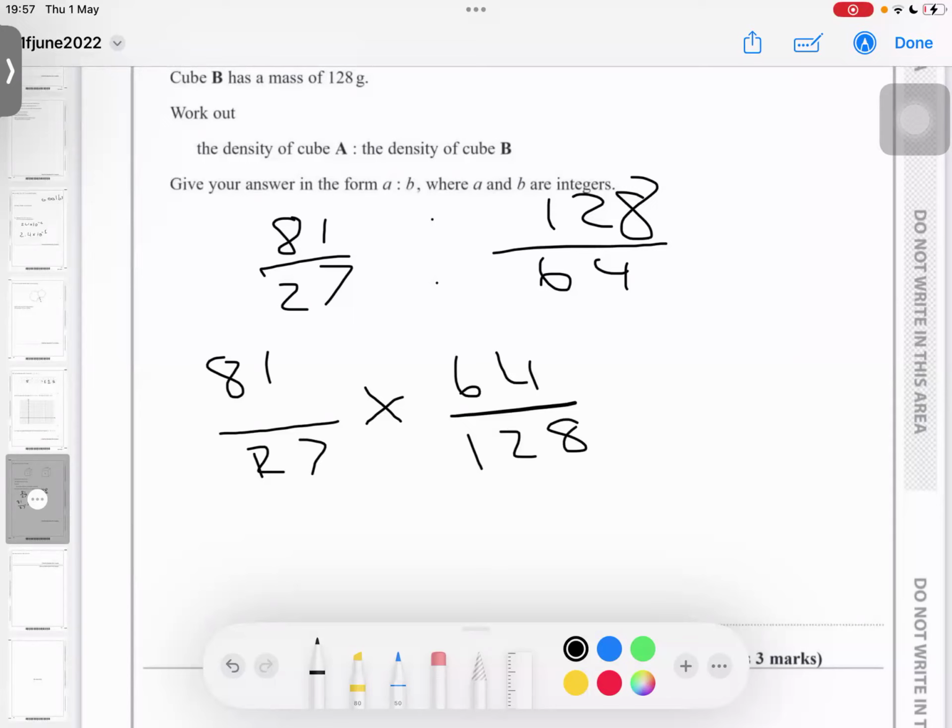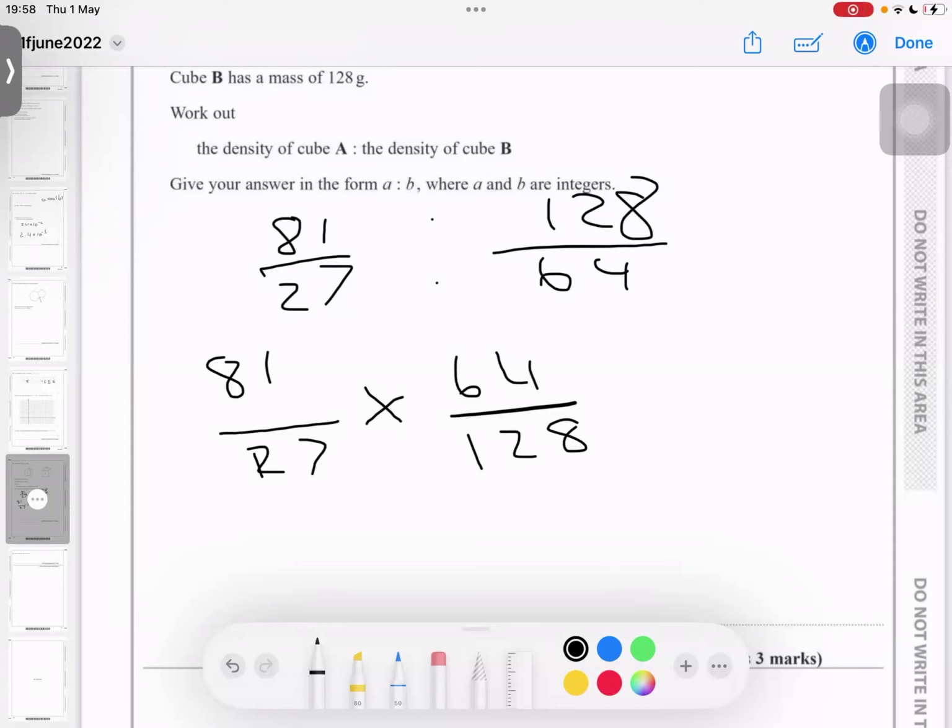Okay, so let's see. Maybe we should deal with the 64 and 128 first, right? 8 into 64 is 8.